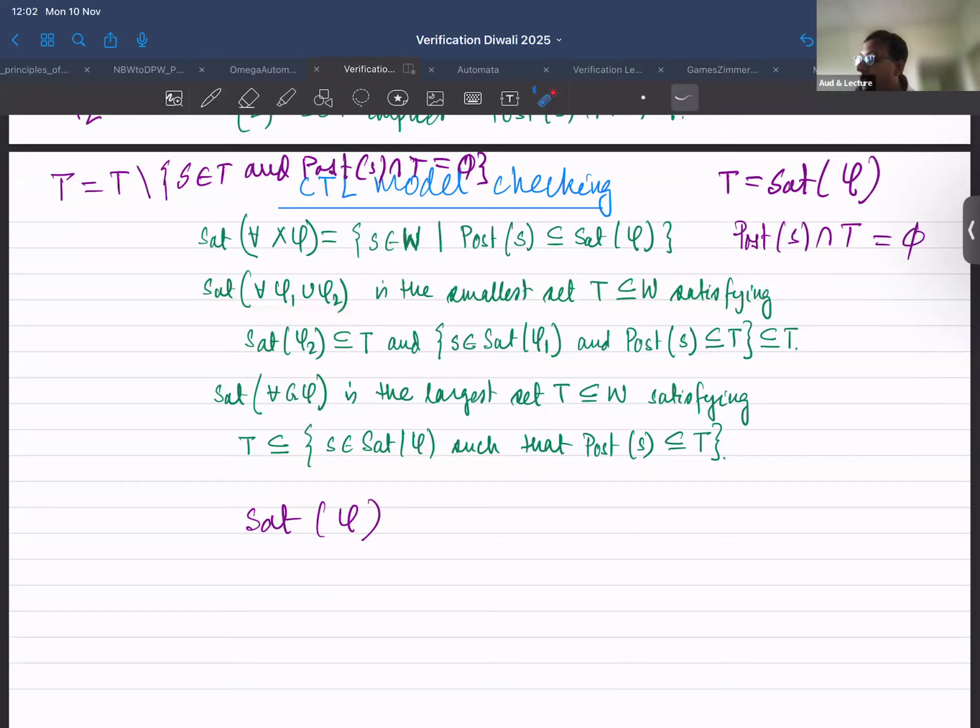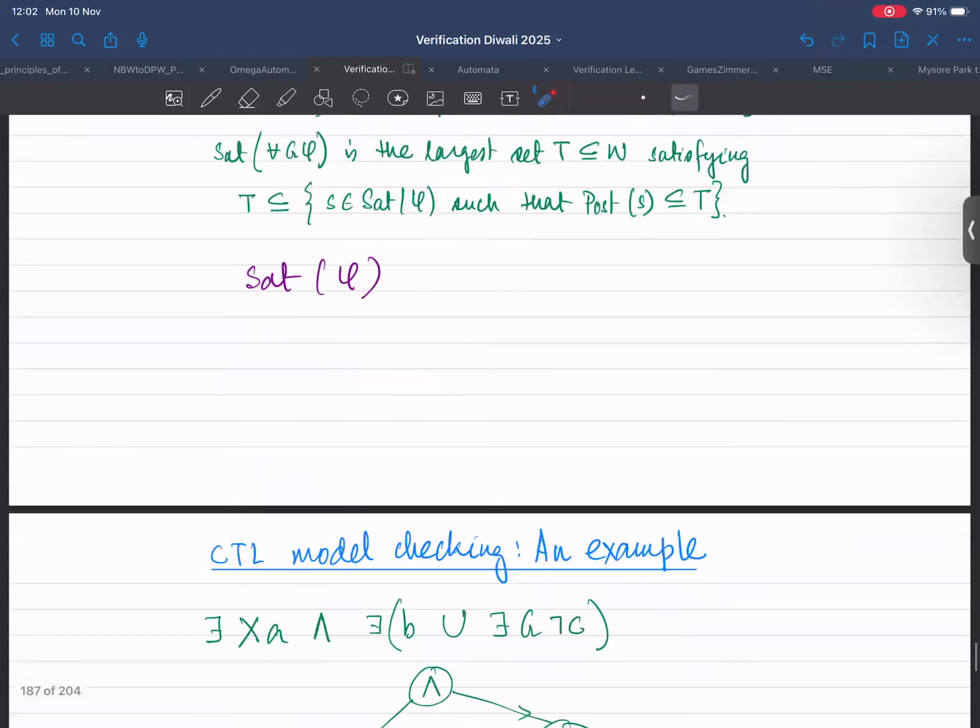And then post S should be a subset of T. Clear? And for all globally, again we have post S is a subset of T. That's the only difference. Any question? No. Okay, good.